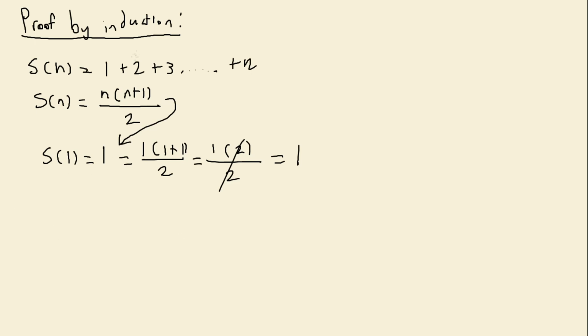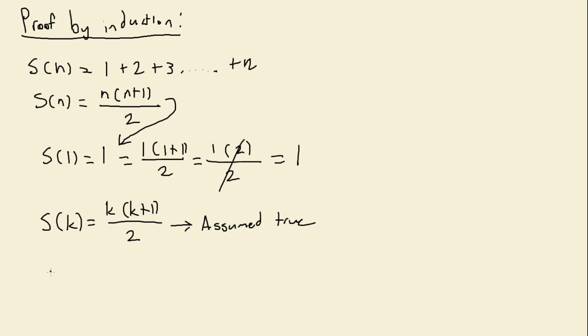And so proof by induction is going to say, I'm going to assume that this is true for some value k. We're going to assume that this is true. So this is going to be assumed true.